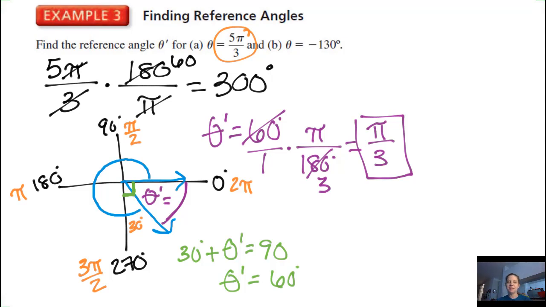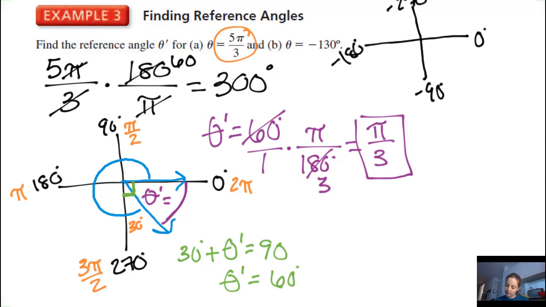That is A. For B, you do the same thing, but now our theta is negative 130 degrees, and we're going to find the reference angle. So let me draw. We're going negative 130, so we're going clockwise. This is 0 degrees, this is negative 90, this is negative 180, negative 270.